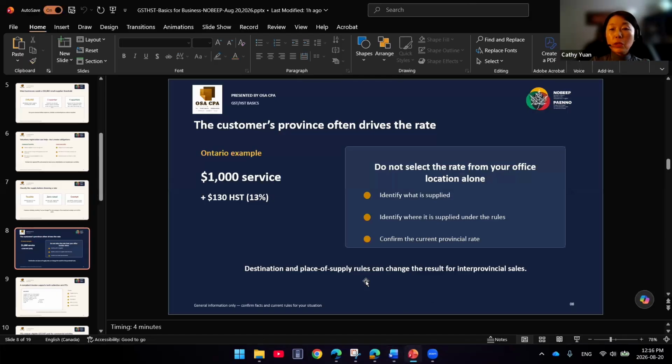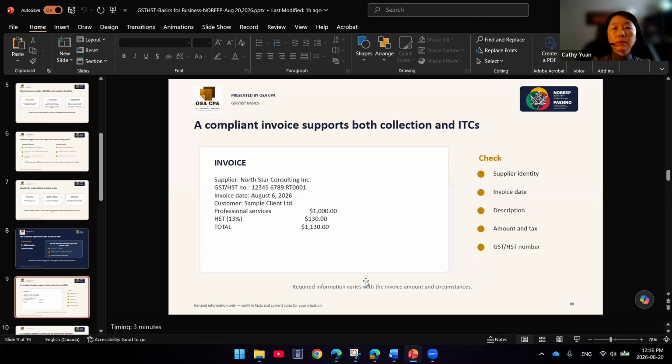Okay, let me continue. After voluntarily or mandatorily registering a GST/HST tax account, the most important thing is the ITC. ITC is input tax credit.